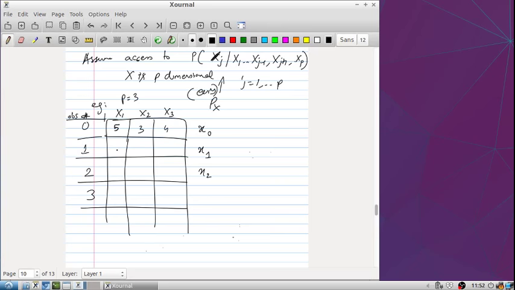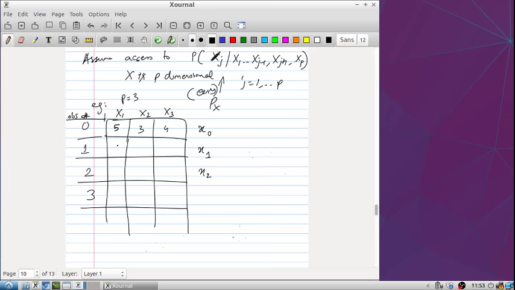The first sample is going to be sampled from this conditional distribution, which is at the top right here. Probability that the first coordinate is 1 given the other coordinates, but the other coordinates are not filled up yet, right? So what I'm going to do is use the previous values, the values 3 and 4.